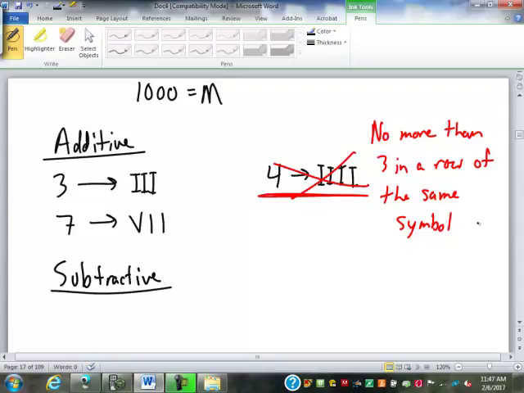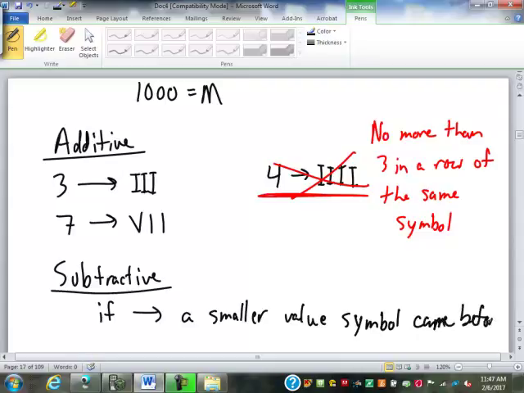The symbols were subtracted, or subtractive, if a smaller value symbol came before a larger value symbol.